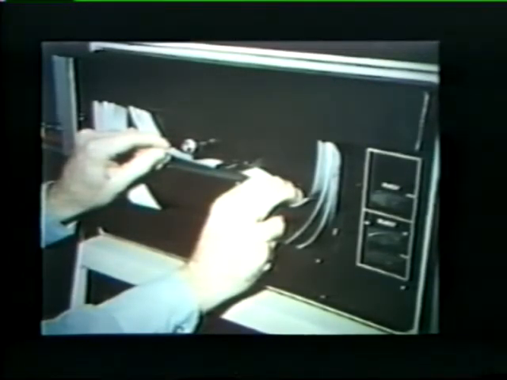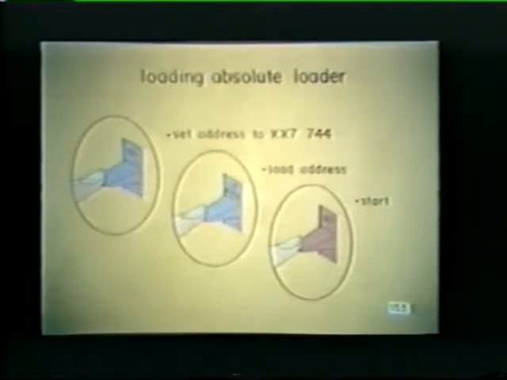After toggling in our Bootstrap program, the Absolute loader paper tape is inserted into the high-speed paper tape reader. Then, we input the starting address of the Bootstrap loader, which is toggled in through the console switch registers. The load address and the start switches are then pressed to initiate execution of the Bootstrap program.